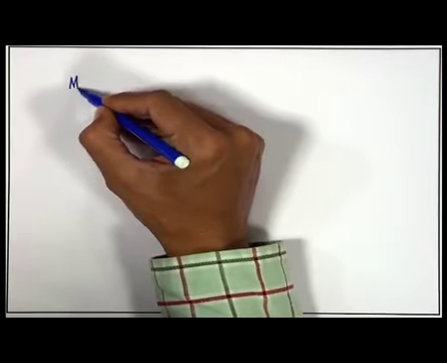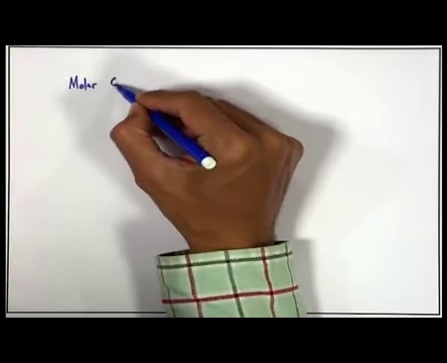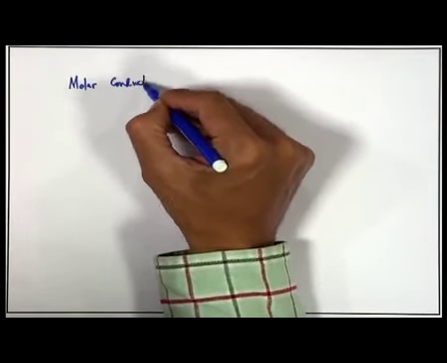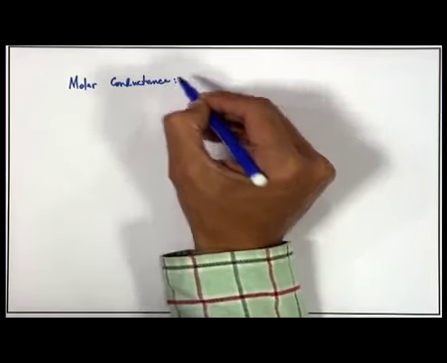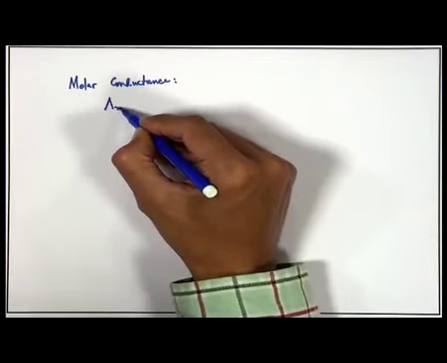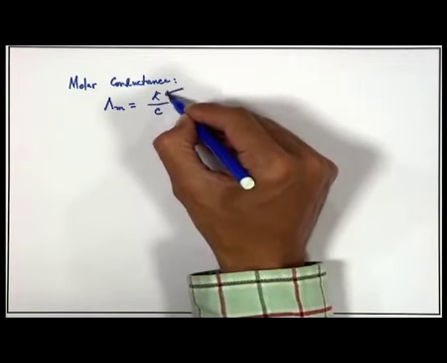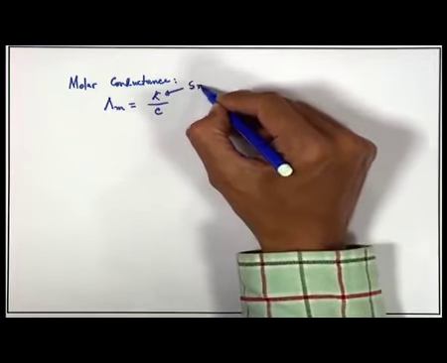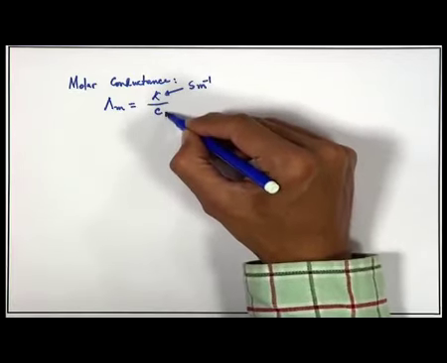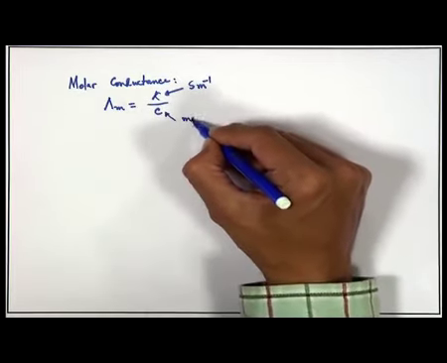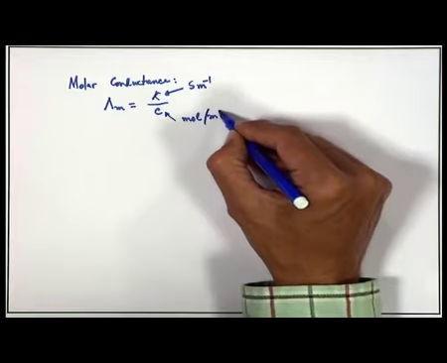Okay. A few more points regarding molar conductance. Lambda m is equal to kappa divided by C, where kappa is in Siemens per meter and concentration is in mole per meter cube.